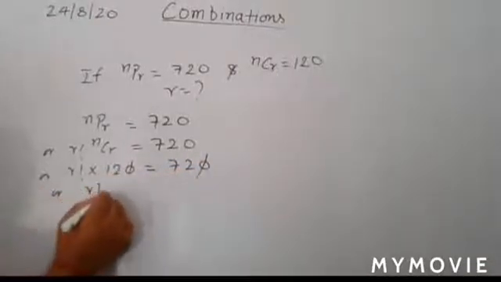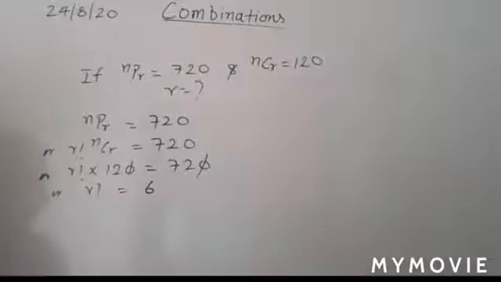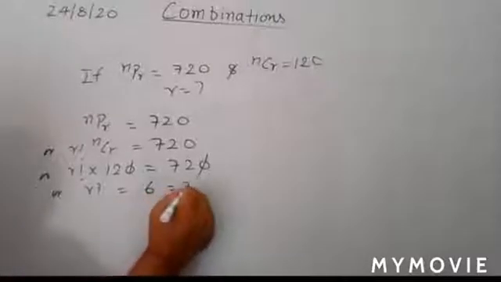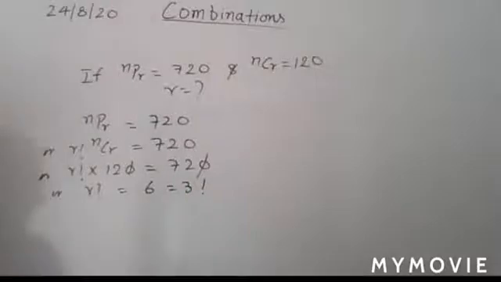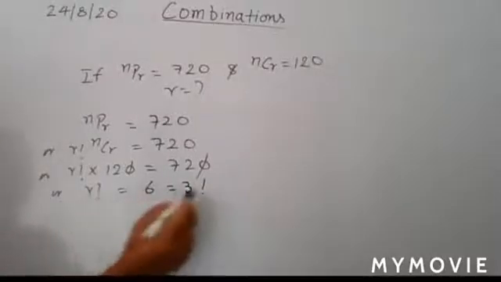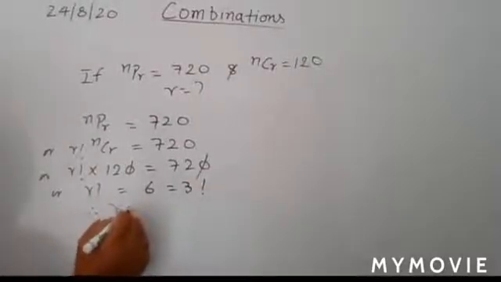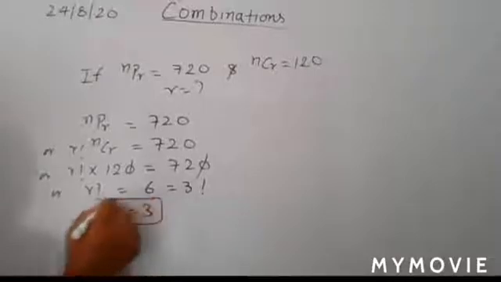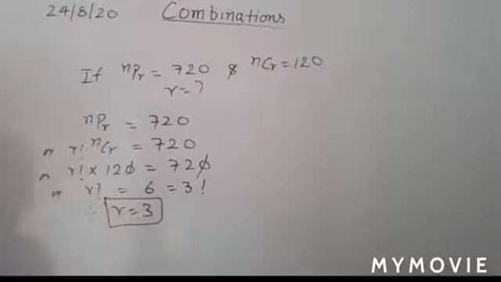So factorial r is equal to 6. Which number's factorial gives the value 6? That is factorial 3. So factorial r is equal to factorial 3, so r is equal to 3.